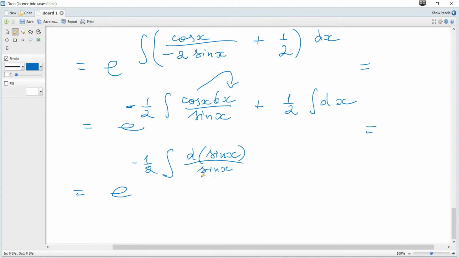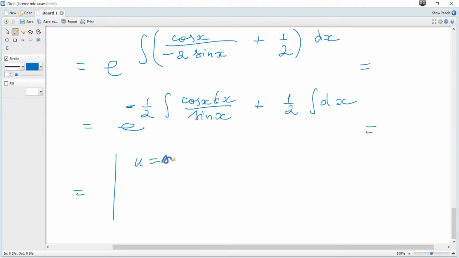If it's difficult, you may apply the usual substitution, u. As usual, we denote the denominator to be u, so u is sine, so du over dx is cosine, hence dx is du over cosine. Let's consider just the integral, then we'll rewrite all together.